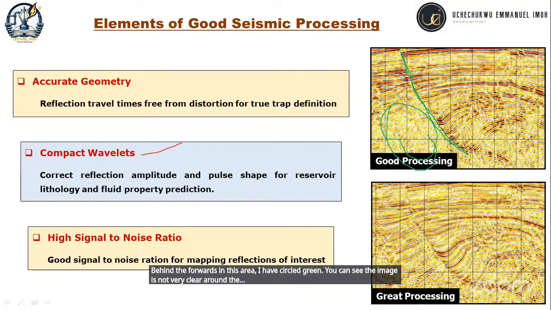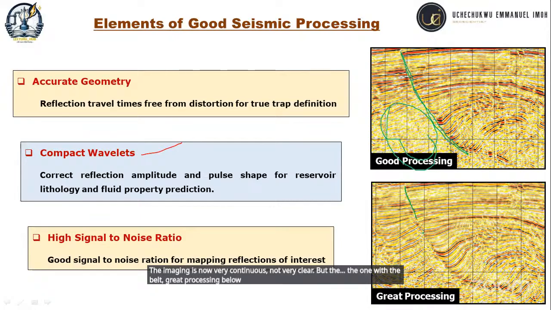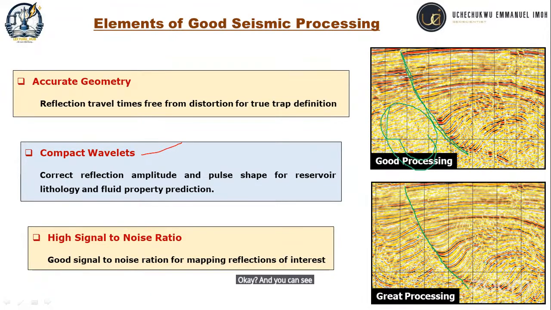The imaging is not very continuous. But the one labeled great processing below, the same fault is there, okay? And you can see behind this fault, in the same area I'm circling green, you can see event continuity. So that's a very big difference between the data above and the one below.